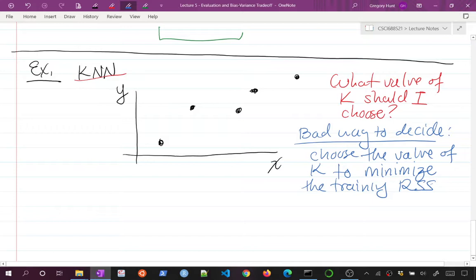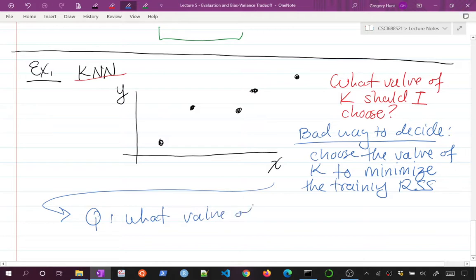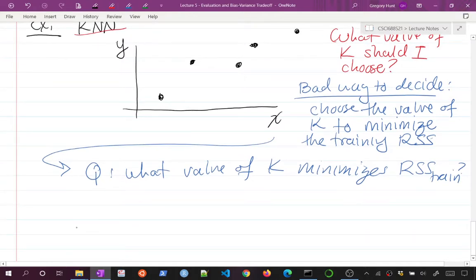Question. What value of K minimizes the training RSS? Okay, so what is RSS train?